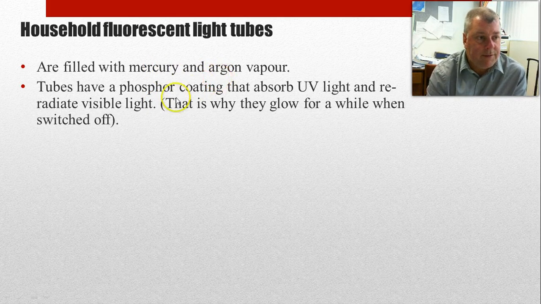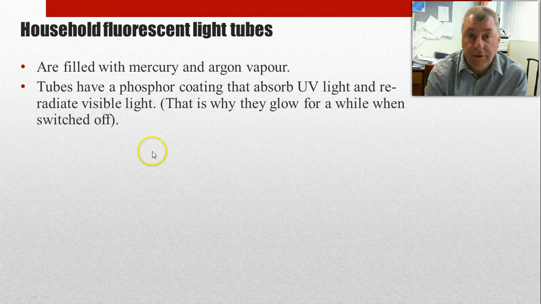And so what they have is a coating of a phosphor on the inside of the glass tube, and it's specifically designed to absorb the ultraviolet light photons being emitted by the excited mercury and argon, and re-emit them as visible light.